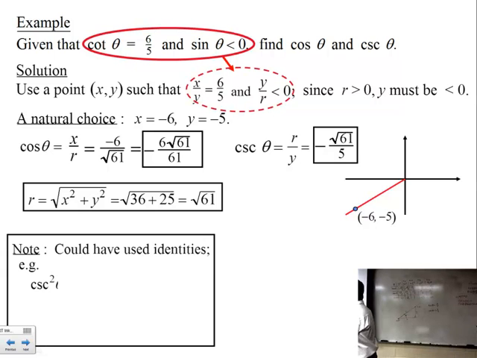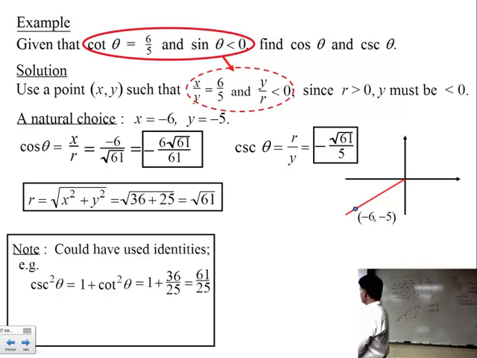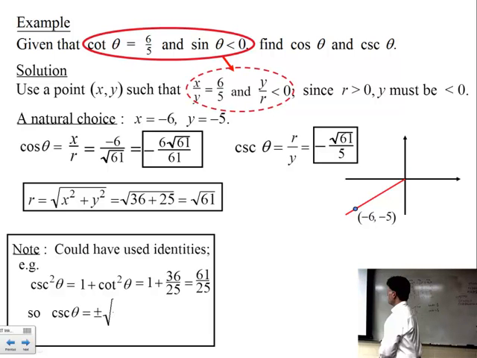We could have used some identities. So, for example, cosecant squared of theta is 1 plus the cotangent squared. Well, we already know what the cotangent is. It's 6/5. So the cosecant squared is 1 plus 36 over 25, or 61 over 25.